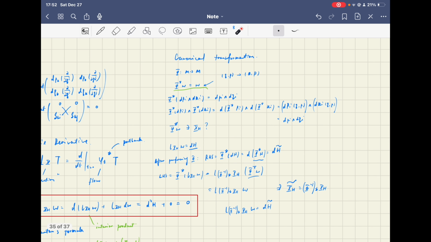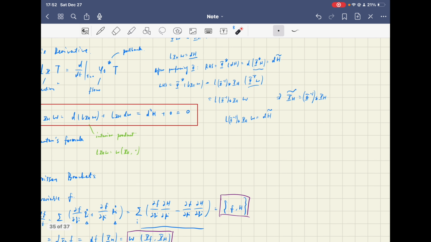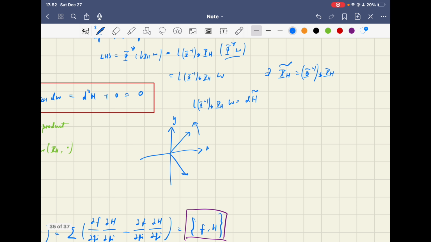So the advantage of the canonical transformation is simply that, for example, let's use an analogy here. Let's say you have the xy plane and you have two vectors, but if you rotate the axes counterclockwise 45 degrees, your vectors will coincide with the axes, and that will bring you a lot of convenience.